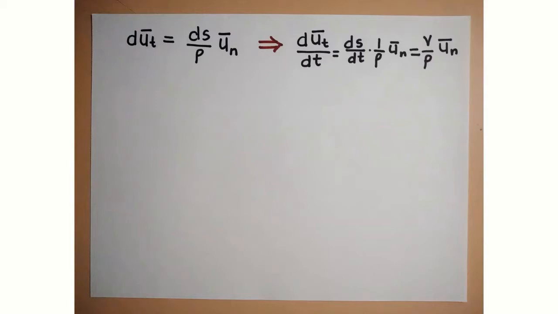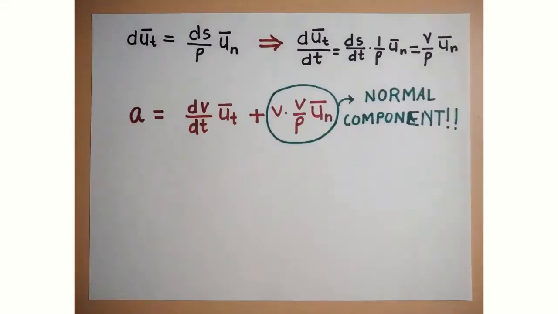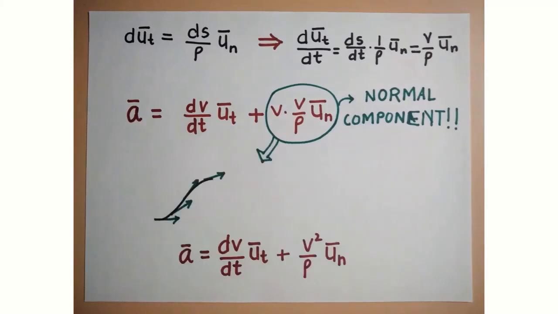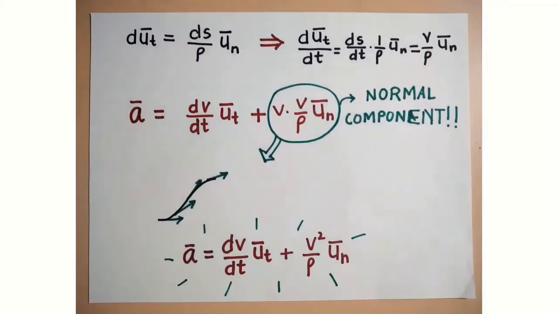Now, this is the mystery term from the right-hand side of the equation of acceleration. After substituting this value in that equation, we get acceleration as dv by dt in the direction of tangential axis plus v times v by rho in the direction of normal axis, thus concluding that acceleration has a normal component too. Voila!